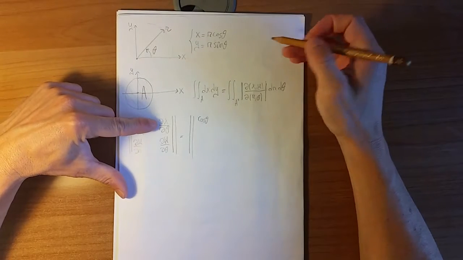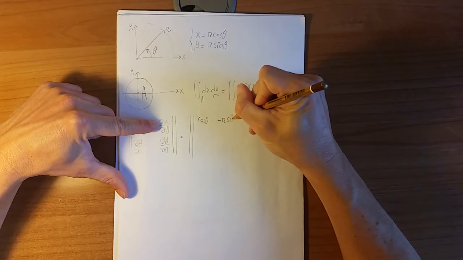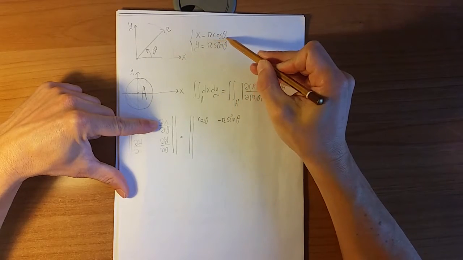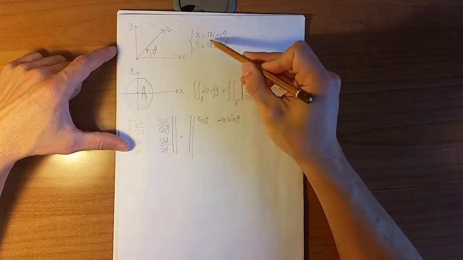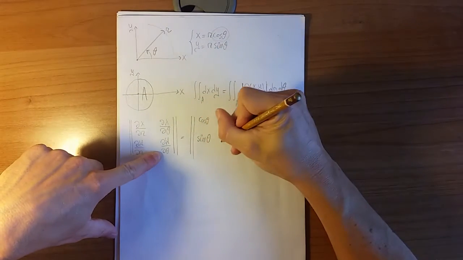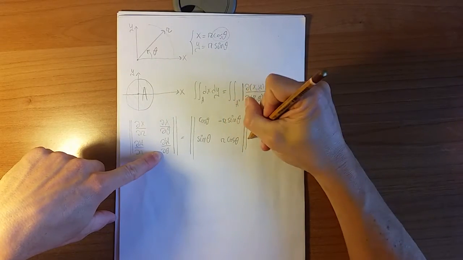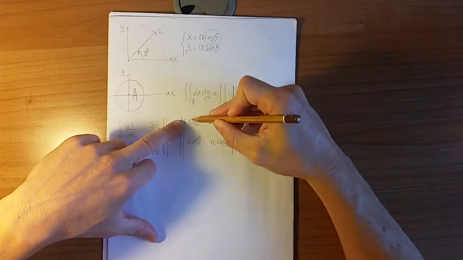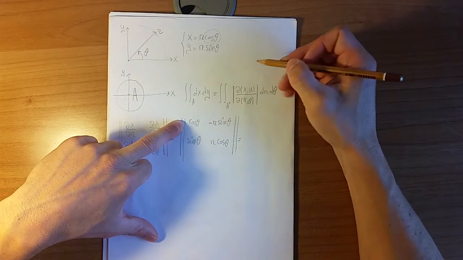And then we have dx over d theta, which becomes equal to minus r sine theta, because we have to differentiate cosine theta. R we treat as a constant. dy over dr is just sine theta, whereas dy over d theta is just r cosine theta. And we take the determinant and then take the absolute value if needed. Okay, we get cosine theta times r cosine theta, it's r cosine squared theta.